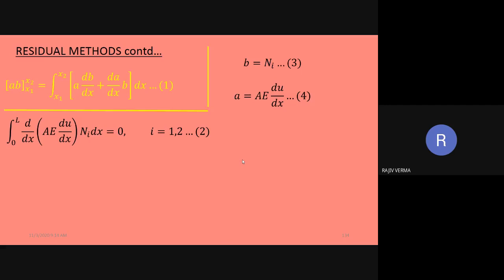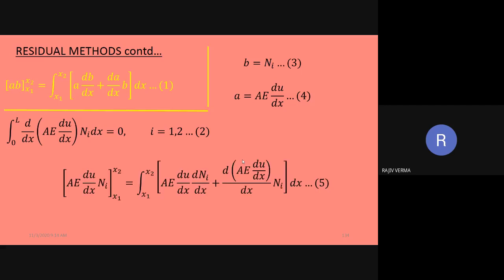These values of A and B are substituted in equation number 1 itself to get expression number 5. And here you can see that in expression number 5, the second term on the right hand side is the same term which has been written in equation number 2.